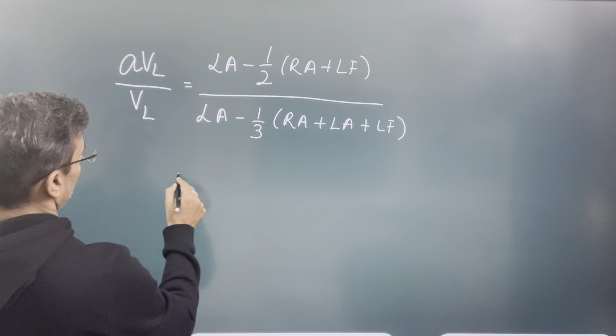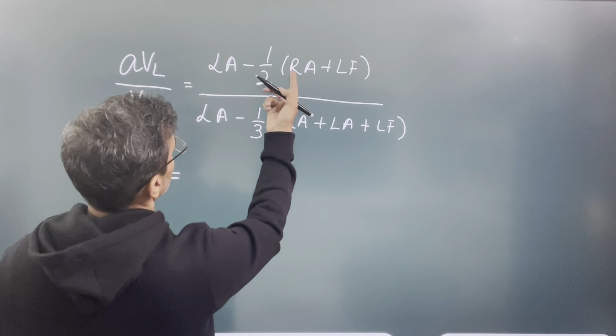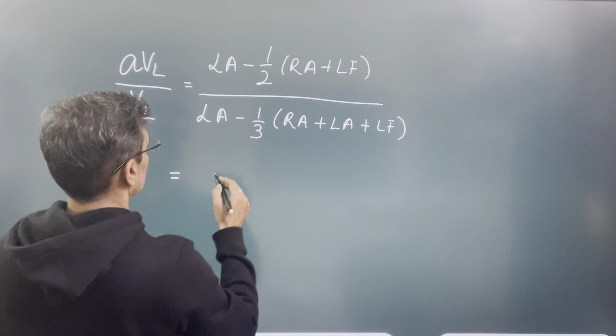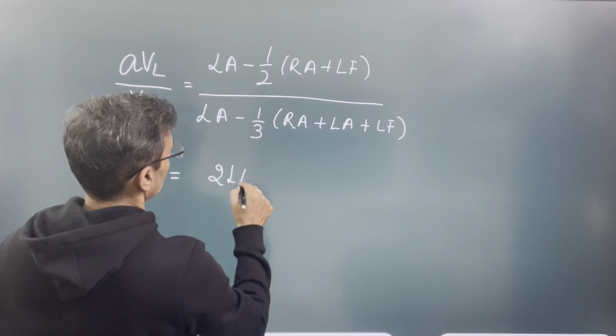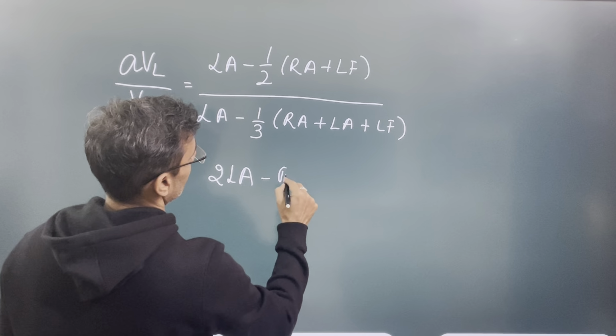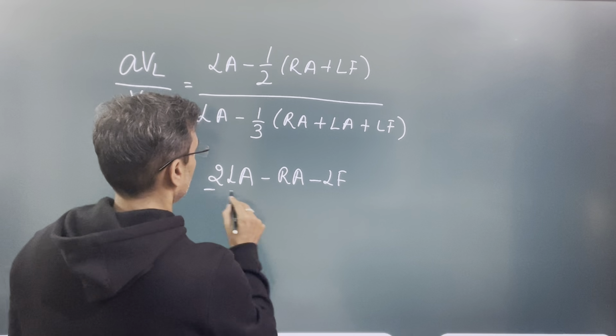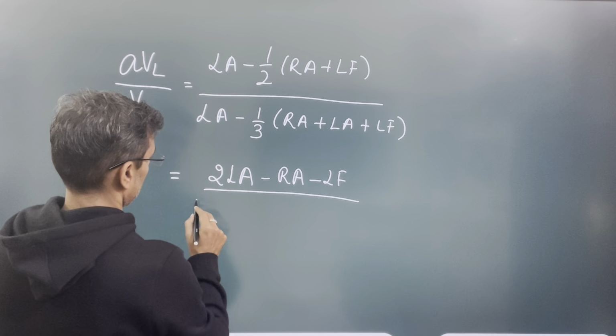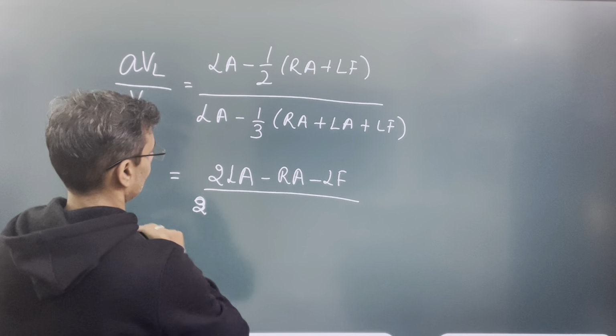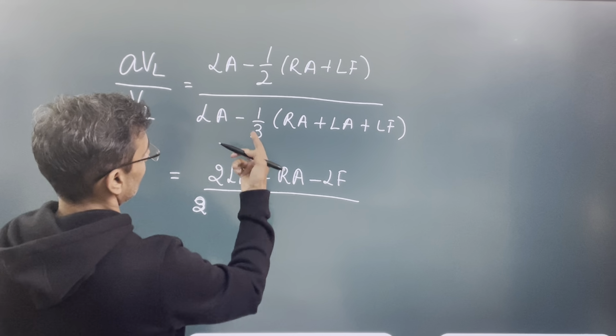Now, doing a bit of math, we take the LCM and write 2LA minus RA minus LF over 2. Similarly, we take the LCM here.